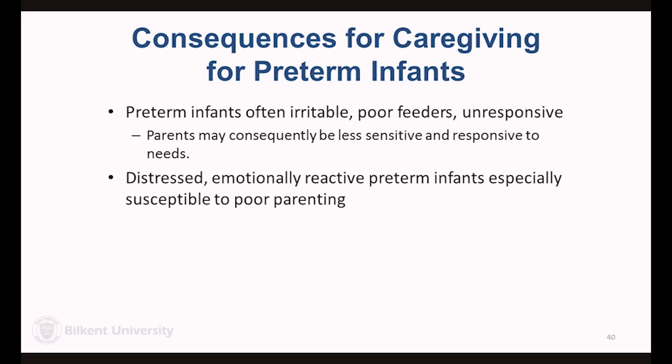Preterm infants pose additional challenges to parents because they are often more irritable, they're poor feeders, and they might be unresponsive to social interaction or to outside stimulus, or less responsive than term babies.